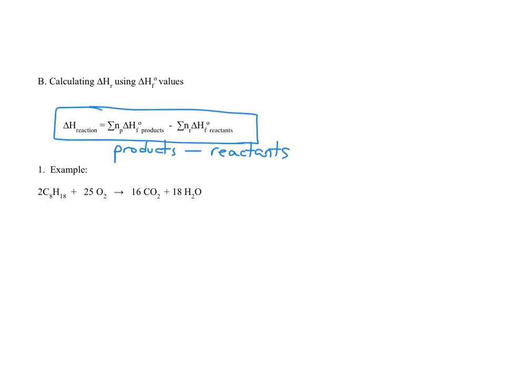So kind of opposite of bond energies. Bond energies was bonds broken minus bonds formed, which was our reactant side minus product side. This is going to be products minus reactants. So you'll be given whatever the equation is, and then you'll also be given the enthalpy of formation values.